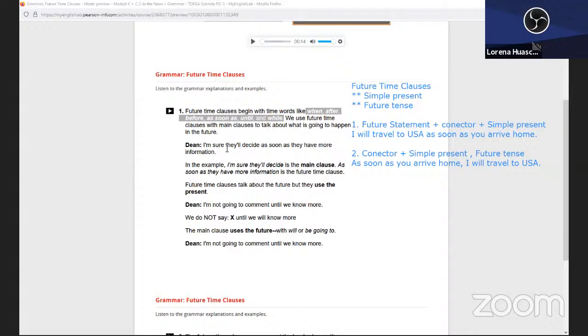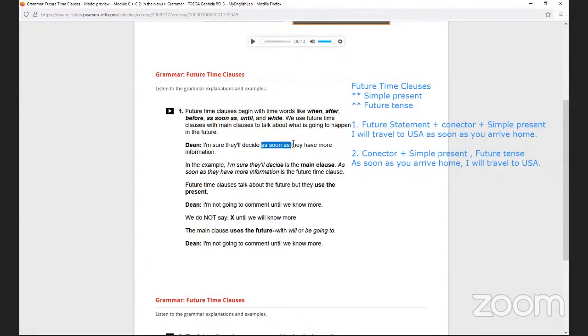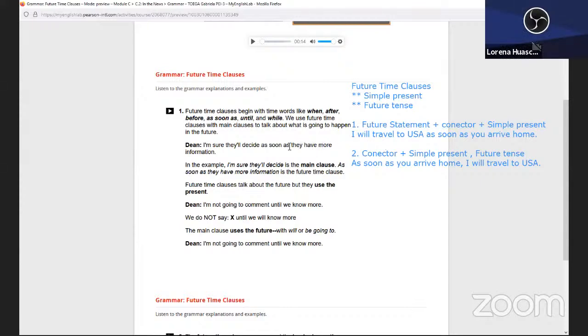Here, "I'm sure they'll decide" is starting in future. As soon as my connector, they have more information, they have more information in present. So I am joining these two sentences, these two tenses, by using the first structure, right?